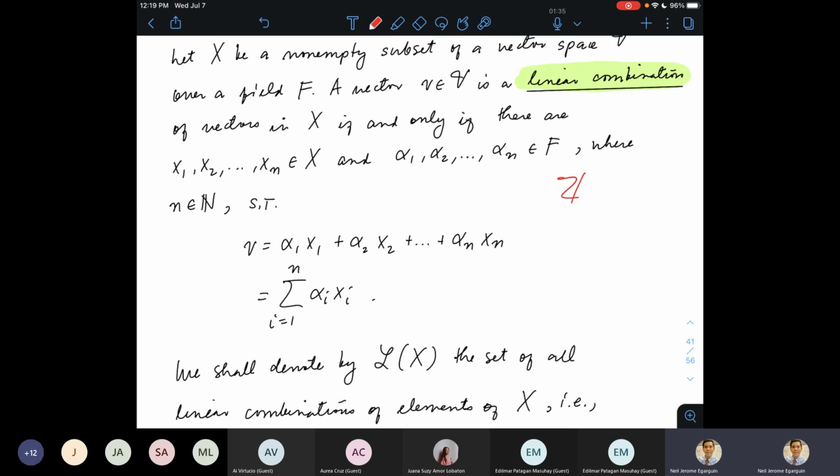But yung mga odd integers cannot be written as a linear combination of the even integers, because the sum of two even integers is another even integer. The scalar multiple of any even integer is another even integer. So you cannot generate the odd integers as a linear combination. My only problem with this example is hindi nga pala field ang set of integers. So yeah, but let's see.